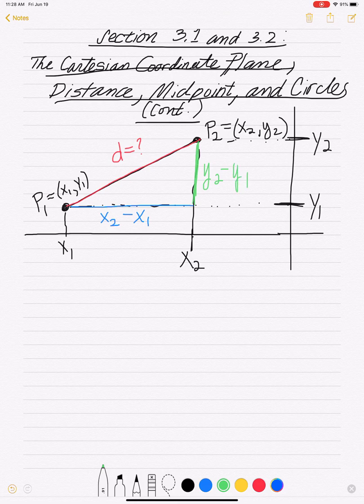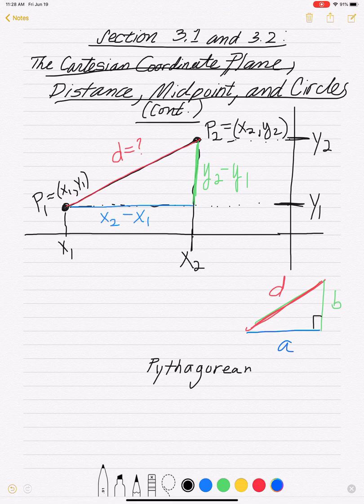So if I were to have a little triangle here, this were D, this side were A, let's say, and this side were B, and you have a 90-degree corner here, that's called a right triangle. There's a special relationship between these 3 sides, and it's called the Pythagorean Theorem. This is a result from basic geometry.